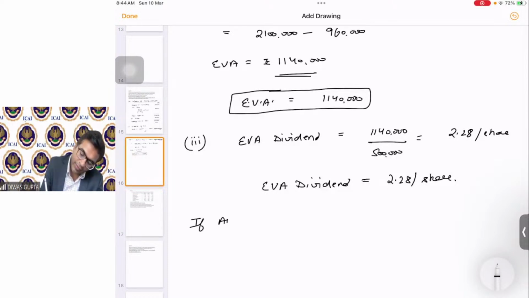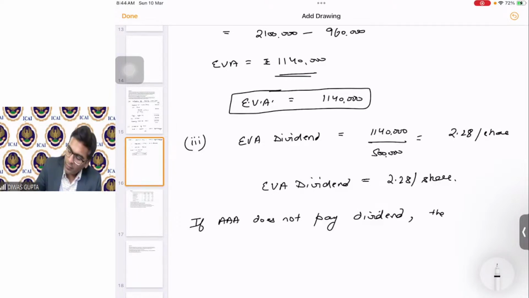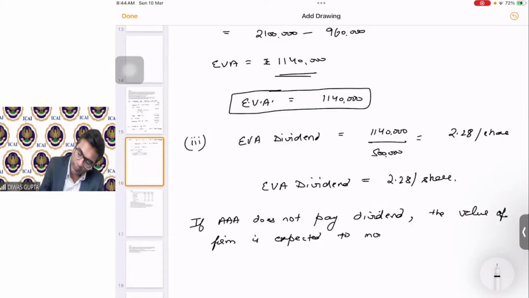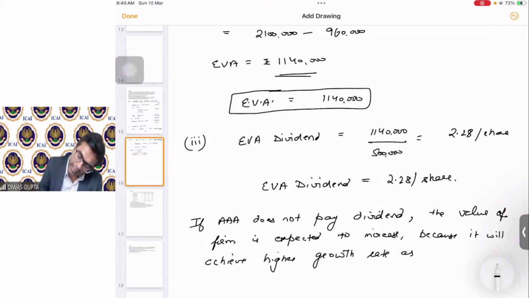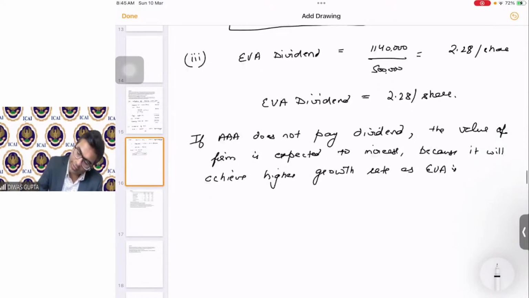Now the next part, if AAA does not pay dividend, the value of the firm is expected to increase because it will achieve a higher growth rate as EVA is positive.